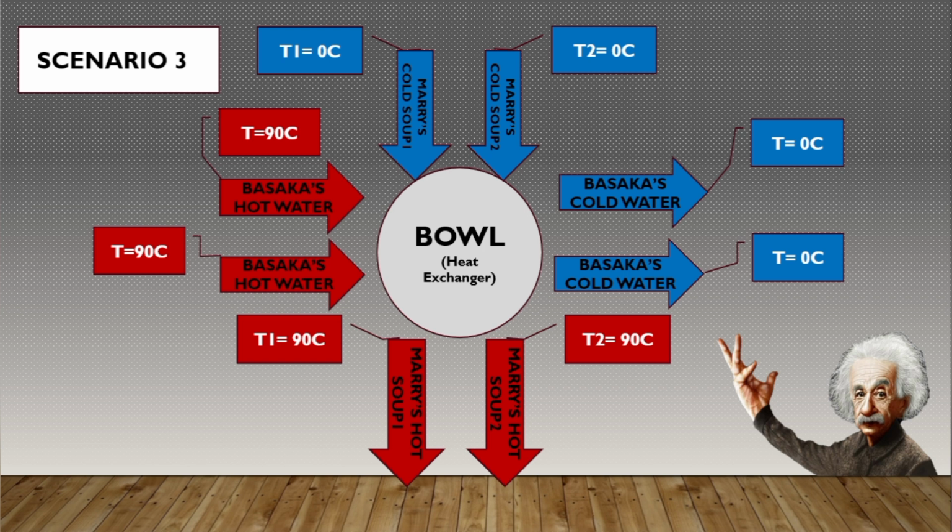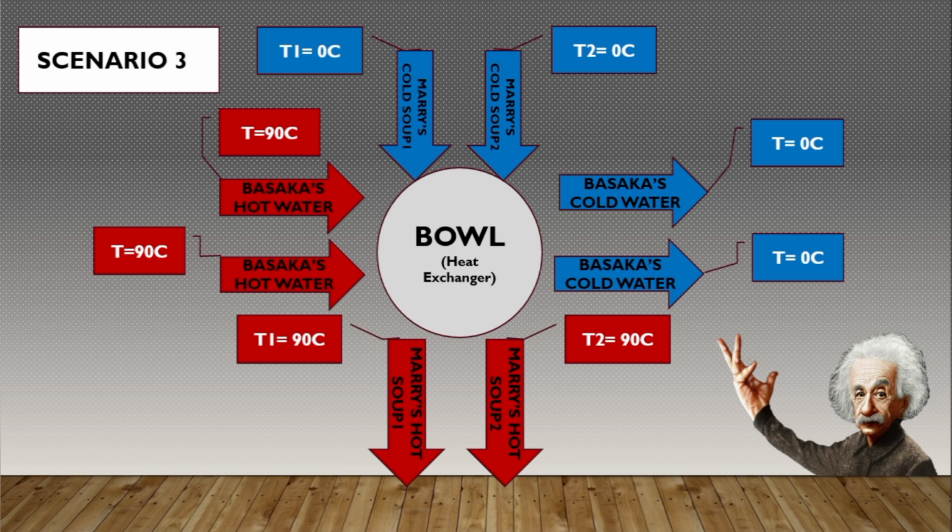But we tempered with the mass flow rates. That's our m. This time around, Basaka is having more quantity of hot water than the first scenario and the second scenario. So after the heat exchanging process, our change in temperature adds up to be 90 Celsius. Yes, 90 Celsius for Basaka's case, and for Mary's case it's also 90 Celsius.